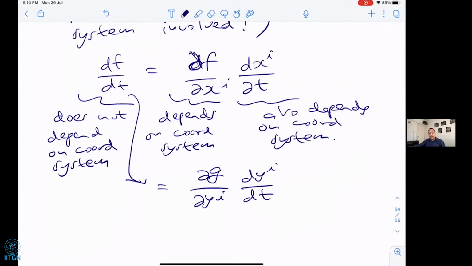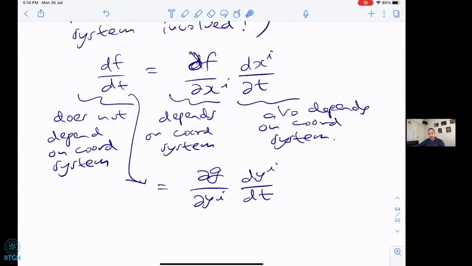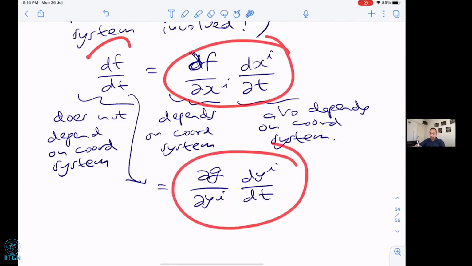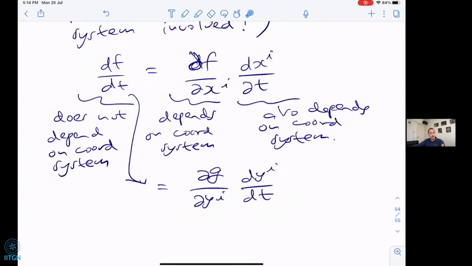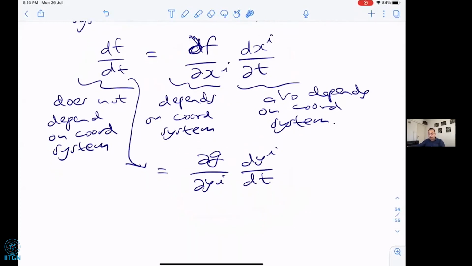Okay, I would ask what is the temperature function in my new coordinate system yi, and I would take its gradient, which is the first factor, and multiply it by the velocity of the point in that coordinate system. And these two things have to be equal because both are equal to the left side, which doesn't depend on coordinate system. So these two things just have to be equal. And there's no surprise there.